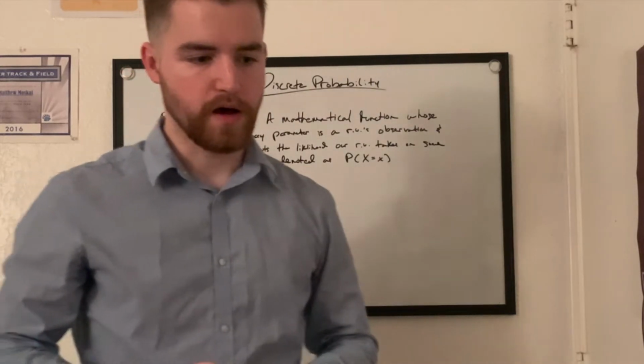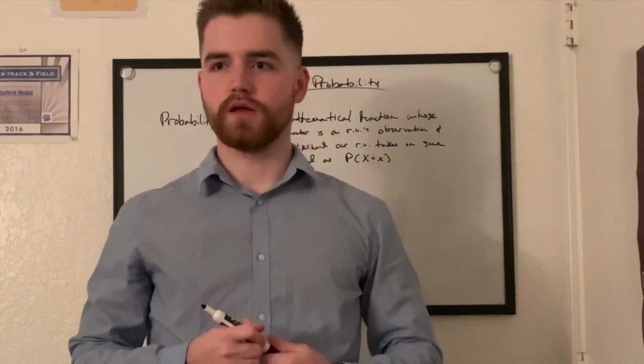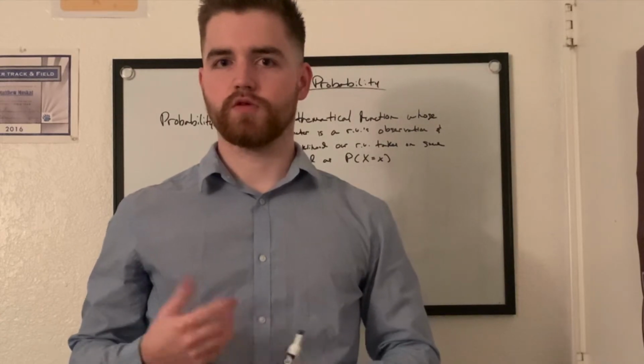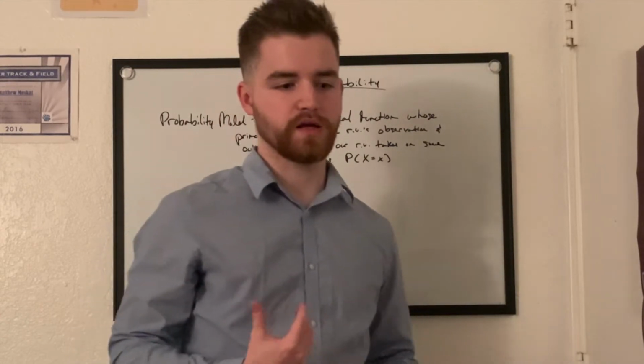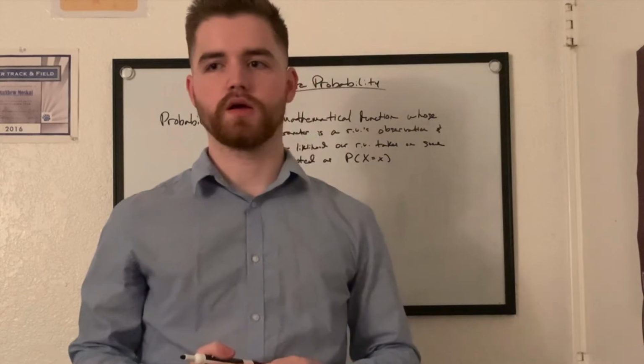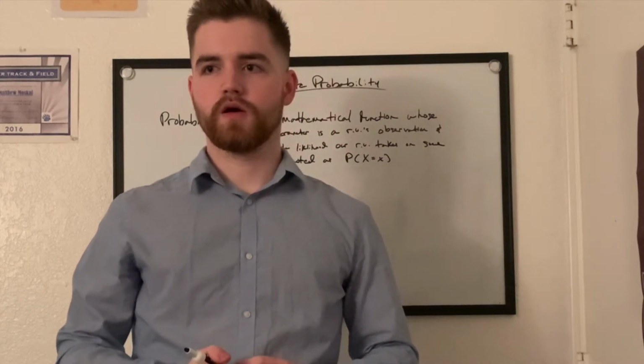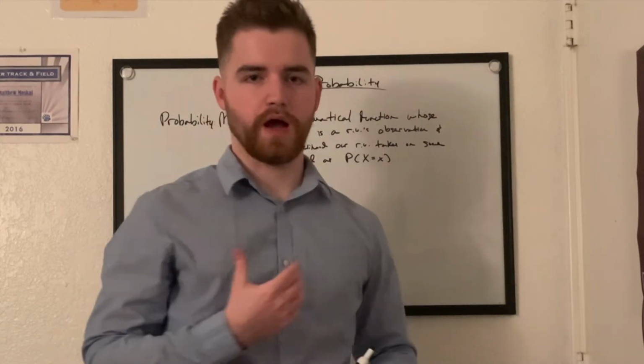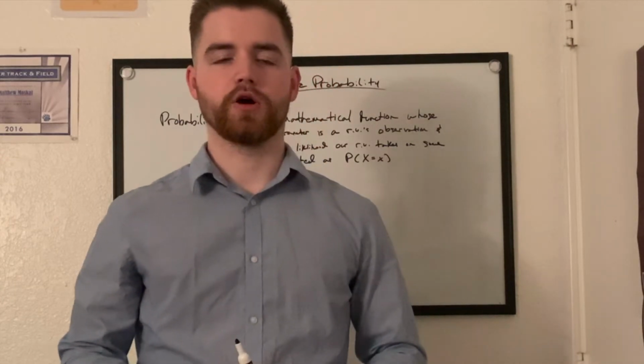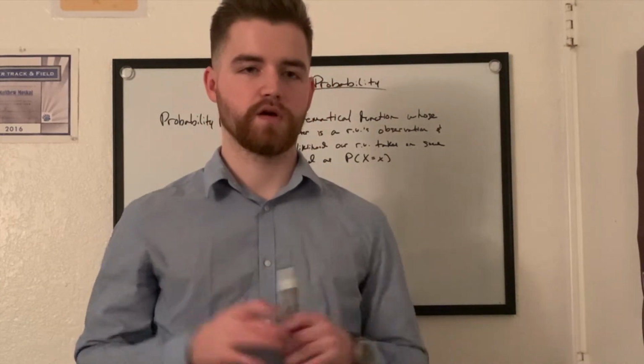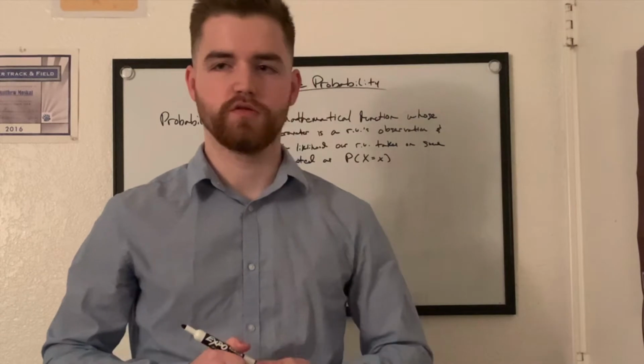And so, what we mean by discrete probability: there are two types of probability, discrete and continuous. Discrete probability is when our event can take on a certain finite set of observation values.